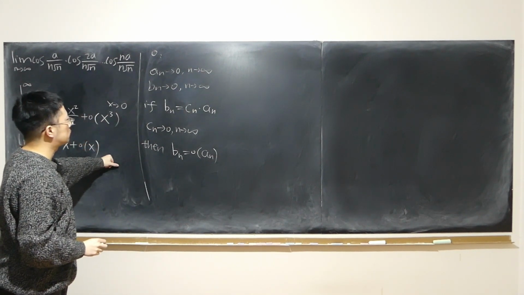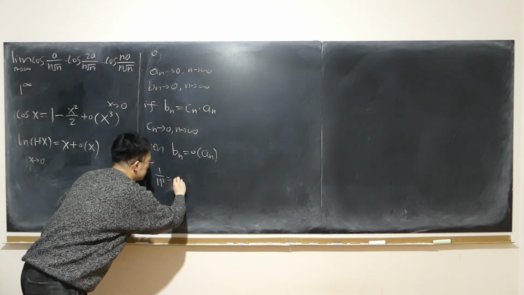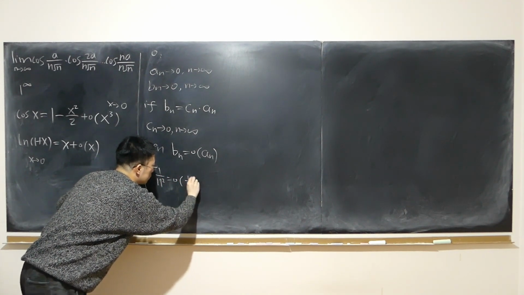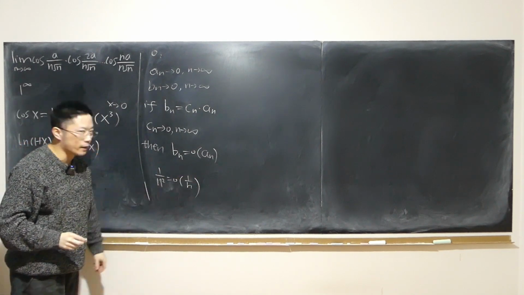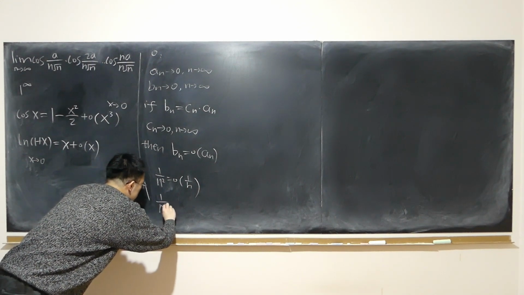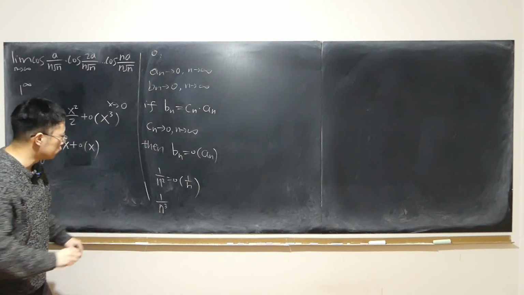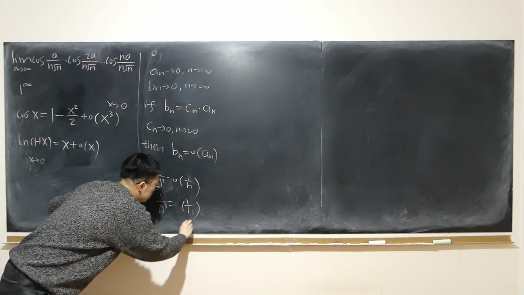For example, 1 over n squared is little o of 1 over n, because it's approaching 0 faster than 1 over n. It doesn't have to be unique. 1 over square root of n cubed is little o of 1 over n.